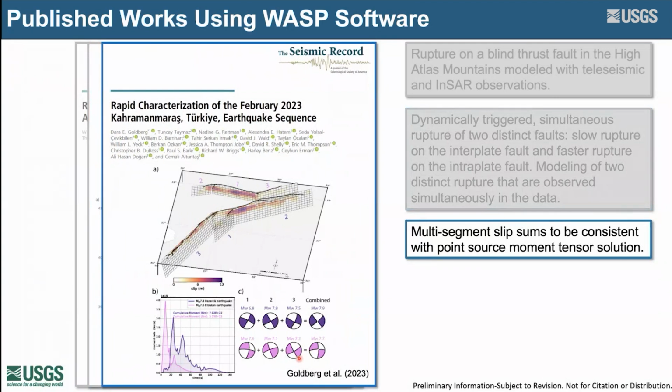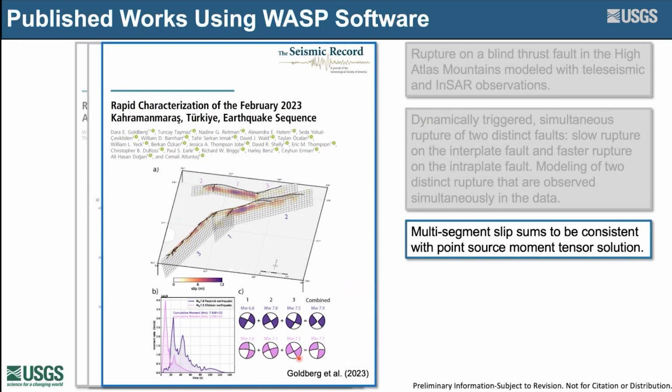This next paper summarized the source characterization of the 2023 Turkey earthquakes. This sequence tested WASP in a couple of ways. First, it required us to use multiple planar faults to approximate the curved along strike structure of those faults with 3 planar segments for each of the 2 earthquakes.